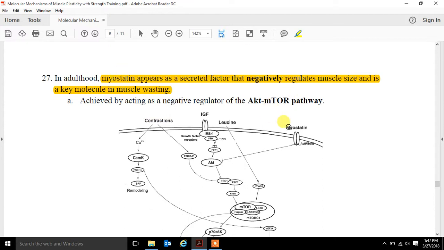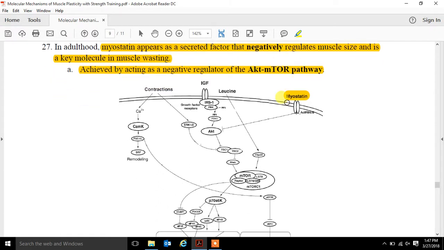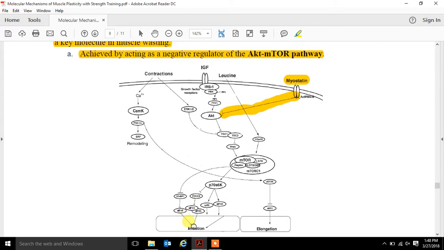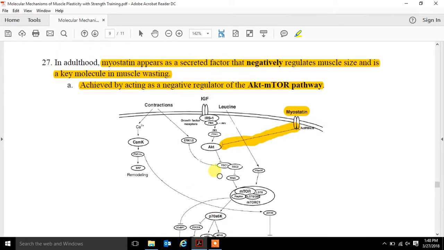So here's our myostatin. I'll highlight this up here. It's a secreted factor. We're not going to really worry about its receptor at this point, but we can see that it blocks, it prevents, it stops this pathway. So it's going to negatively regulate AKT. If we've removed activation of AKT, we're now not going to get this pathway, and therefore we're not going to get the initiation and elongation.